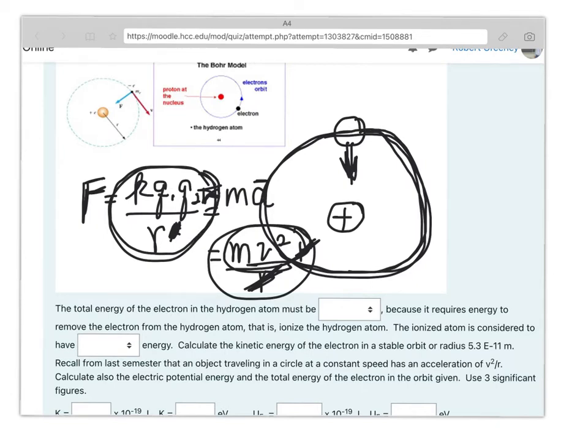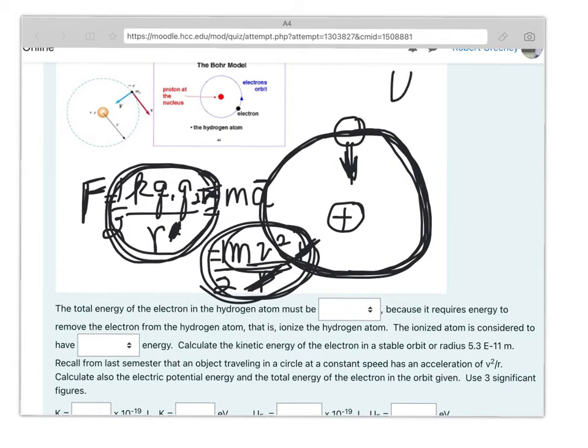So if I multiply both sides by 1/2, this is a trick you might not see otherwise, I have 1/2 m v squared. So an electron in a stable orbit going around the hydrogen atom will have a kinetic energy of 1/2 k q1 q2 over r. Now let's go back to what we said earlier.